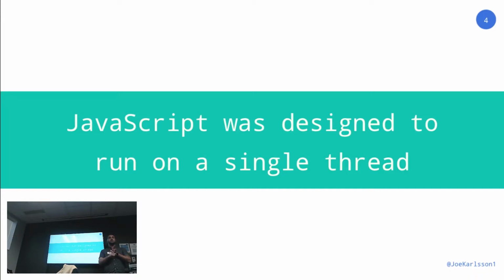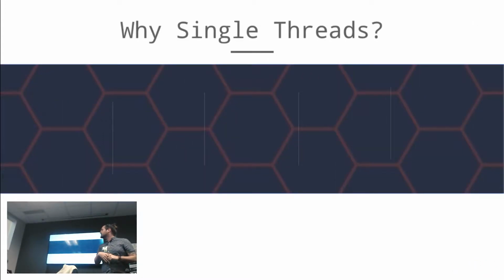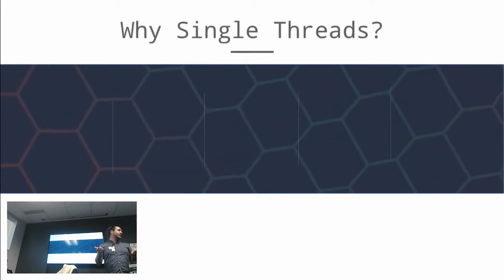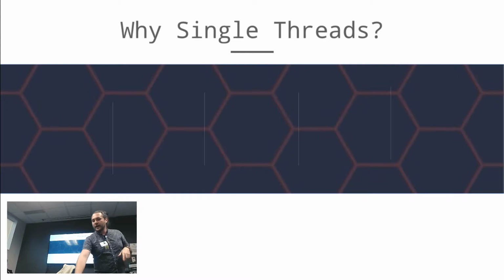But if you can utilize multiple cores, you can break up work and accomplish stuff faster. By default, JavaScript in the browser utilizes a single thread, which is cool, but also has some performance reasons why. I want to talk about first why JavaScript was originally designed to be single-threaded and what benefits we get out of that too.